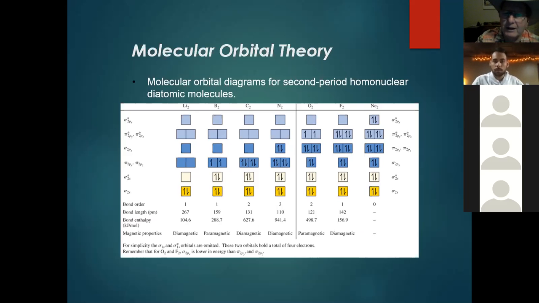All right, 10 electrons. Count the bond order. I have 2, 4, 6, 8 bonding electrons. Only 2 antibonding. 8 minus 2 divided by 2 gives me 3. N2 has a triple bond in it.